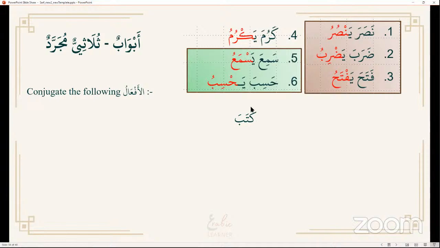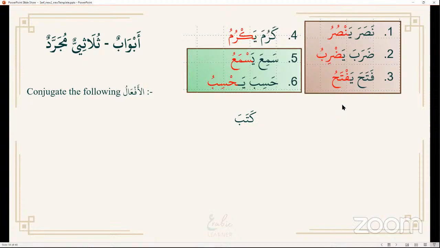So this doesn't appear to be from Huruful Halaqi. So the choices could be either Bab Nasara or Bab Daraba.